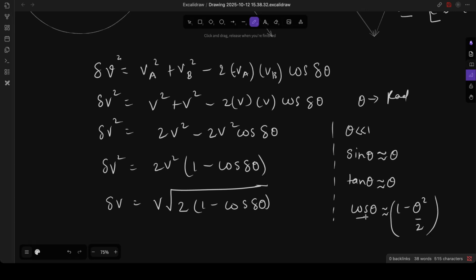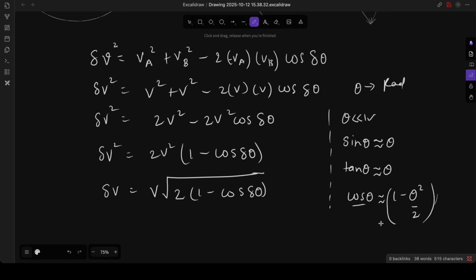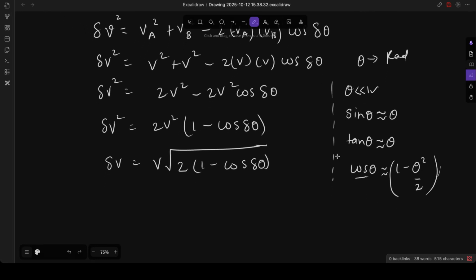That means instead of cos theta, if my theta is very small, I can write down this thing. Now you can use your calculator to prove this, but I'll be sticking to just substituting this value.